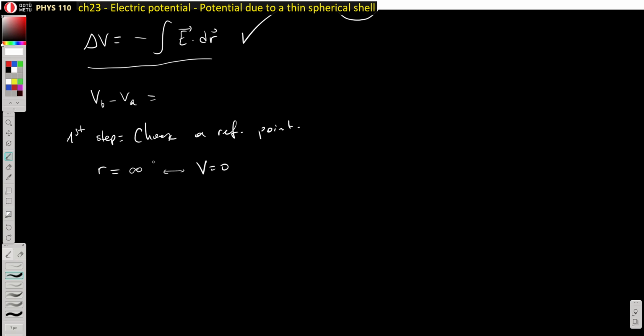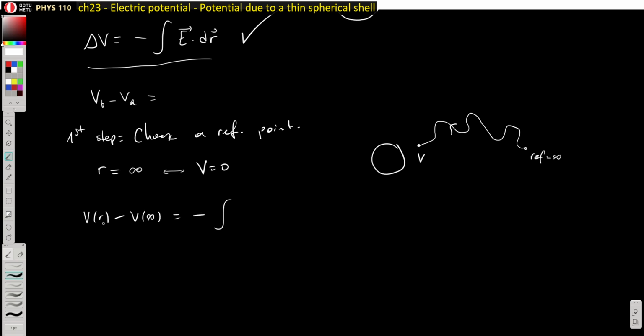Once you choose this reference point, which is my reference point at infinity, I then need to choose a path of integration to the final point at which I would like to compute the potential. Over this path, I need to evaluate this integral.